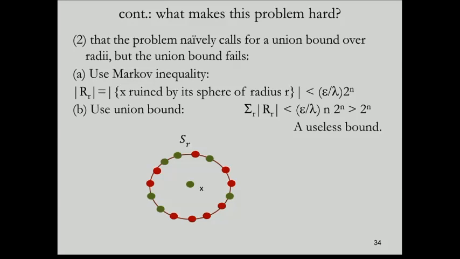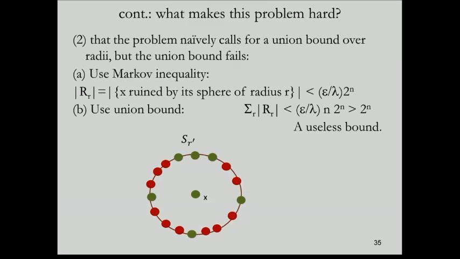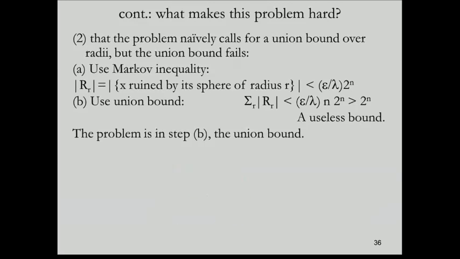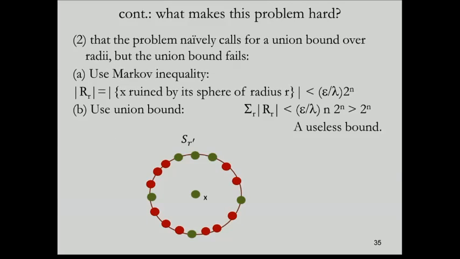What I mean by that: x is ruined by a sphere of radius r when most of the points are red, but it could also be ruined by a sphere of radius r prime, and that shows that this union bound is really overcounting. So this is the problem with using the union bound.